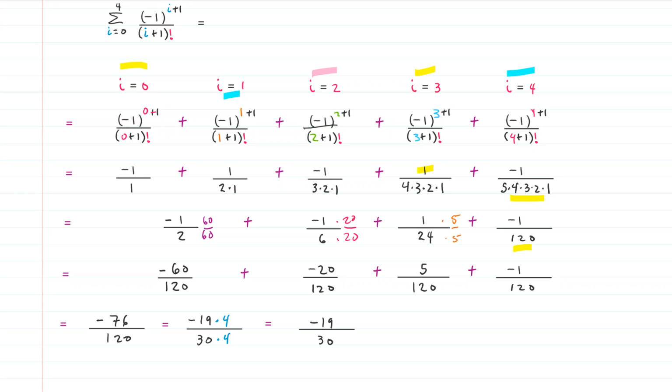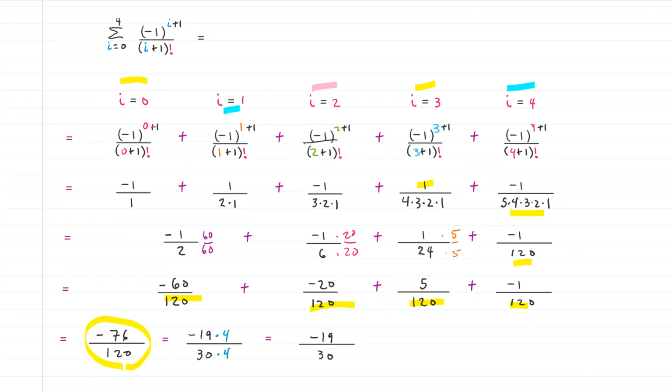They all have the same denominator now, and I can just add the numerators. So negative 60 and negative 20 gives me negative 80, and then I have one more, negative 81, and then I add 5 to get negative 76. So I have negative 76 over 120, which can simplify.